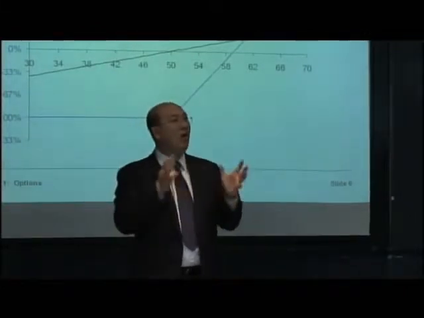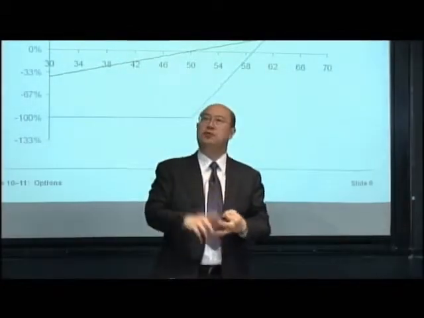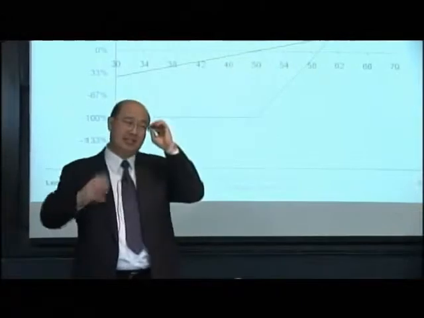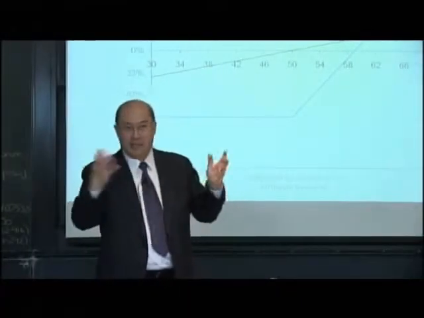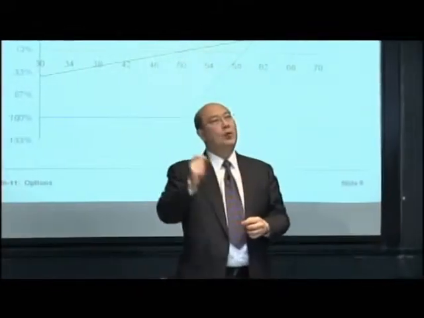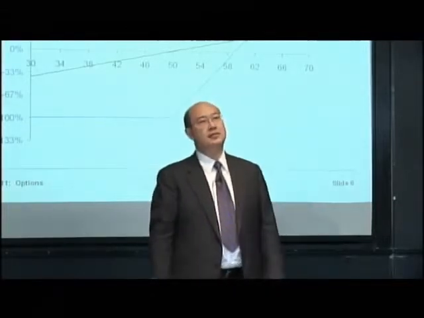Up until now, all of the instruments that we've looked at, stocks, bonds, futures, and forwards, their payoffs have been relatively simple in the sense that they're straight lines if you plot the underlying price and their payoffs. This is the first time we have analyzed a security that has a bizarre structure like this.